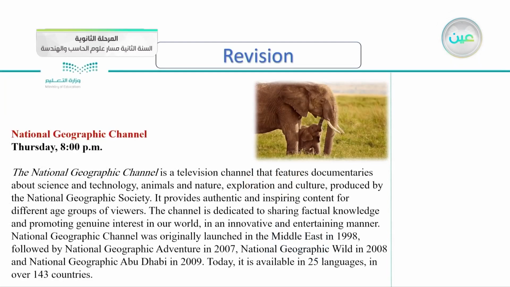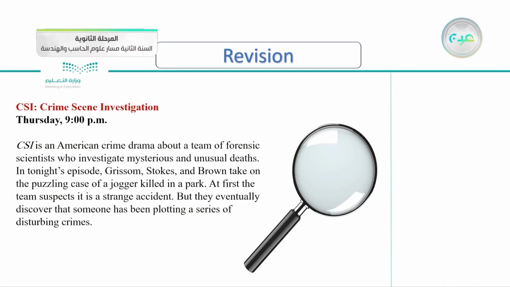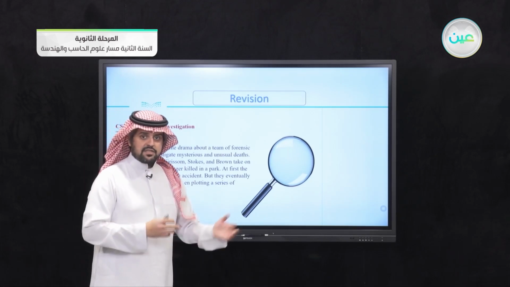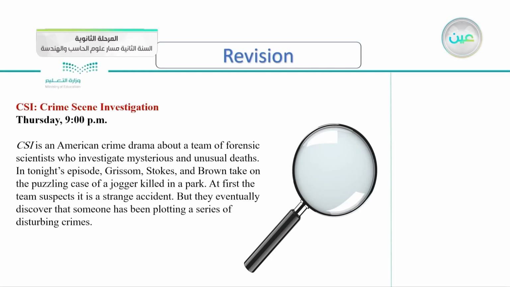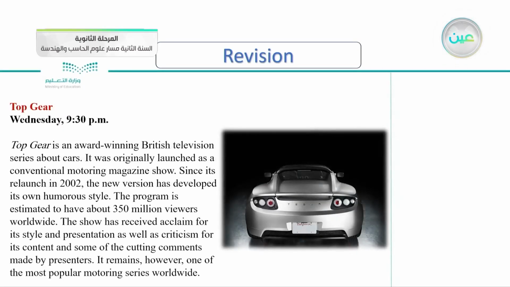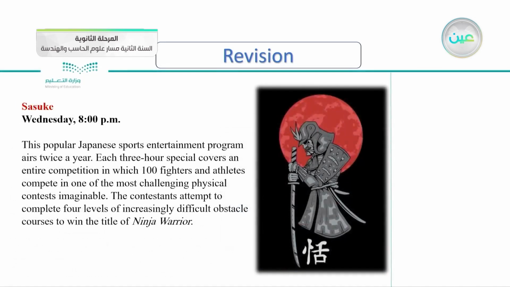We learned a lot about the National Geographic Channel and its documentary movies, documentary series, TV programs, etc. Then we discussed CSI, or Crime Scene Investigation, the TV series where you solve puzzles and mysteries. The detectives, the police, they solve crimes. Then we discussed Top Gear, the well-known British program. Also, the last one is Sasuke, a Japanese TV show.